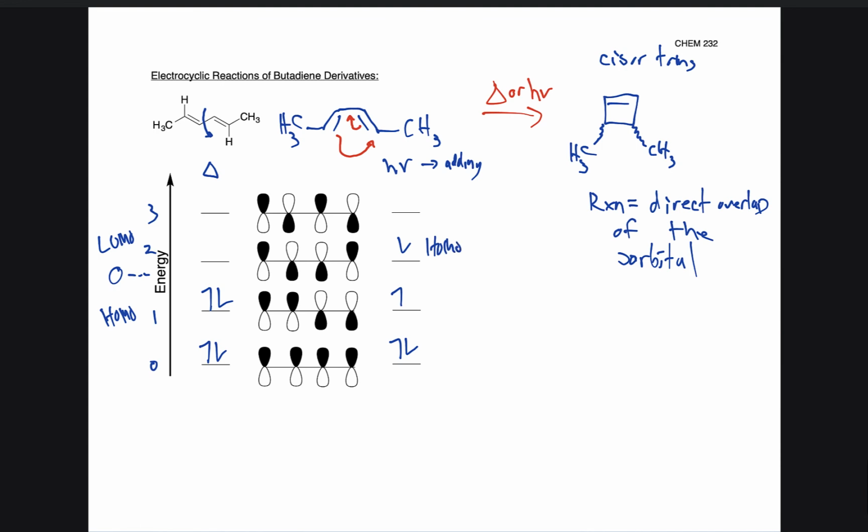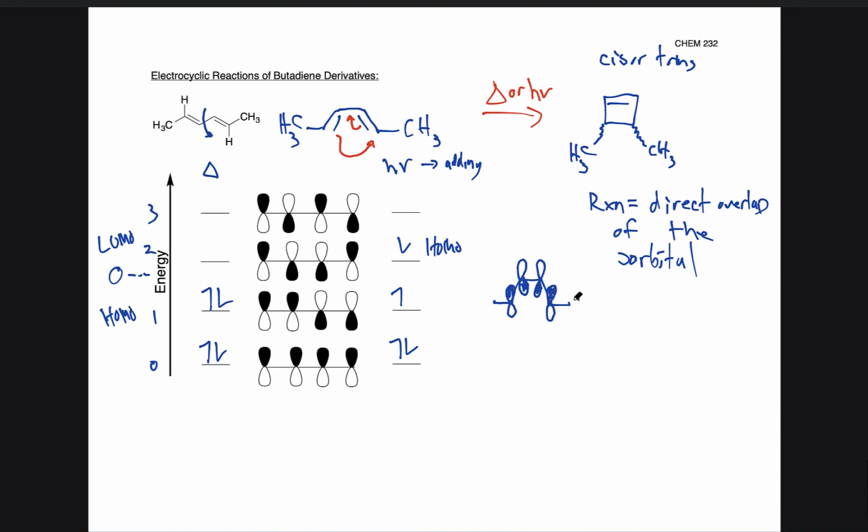Now if we redraw our system, putting in our orbitals, we see the overlap is going to be different, again mimicking what the HOMO looks like.